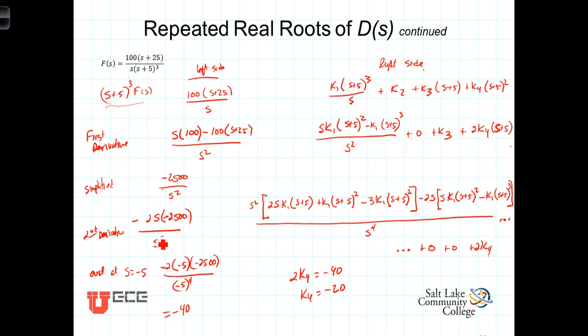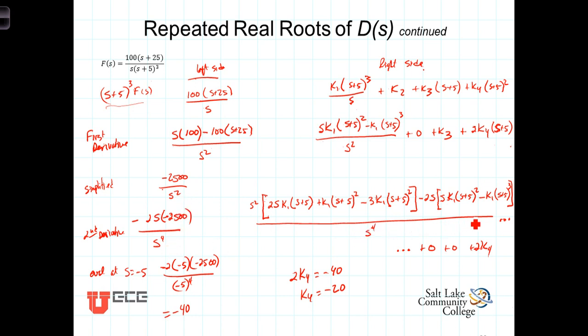But over here, the second derivative is then v times the derivative of the numerator, but since the numerator is a pure constant, the derivative of the numerator is 0, minus the numerator, which is negative 2500, times the derivative of the denominator, which is 2s, all divided by the denominator squared. Well, the denominator was s squared, so s squared squared is s to the fourth.